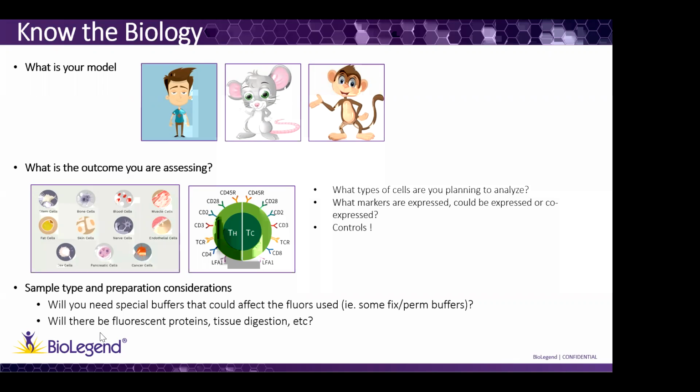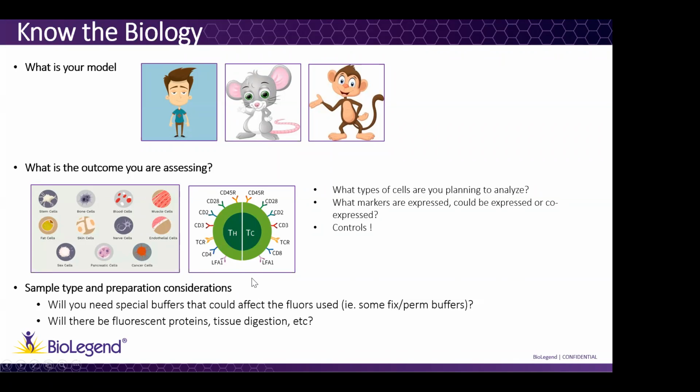So that's also important because the cells are different and that affects how we are reading them. And also which markers probably are expressed or could be expressed or are co-expressed. Because as you know, the different cells are expressing different targets and some targets are co-expressed and some not. And that then affects how you're gonna choose your fluors for these different targets.